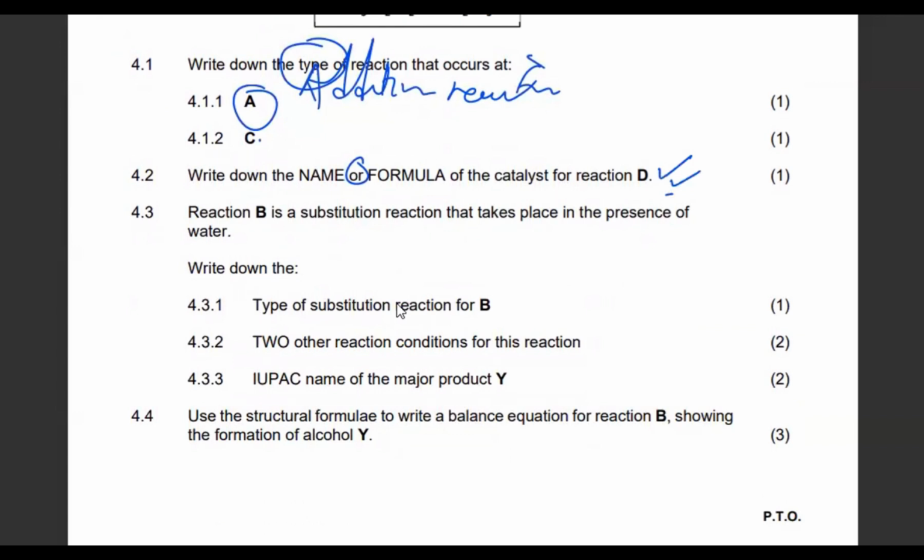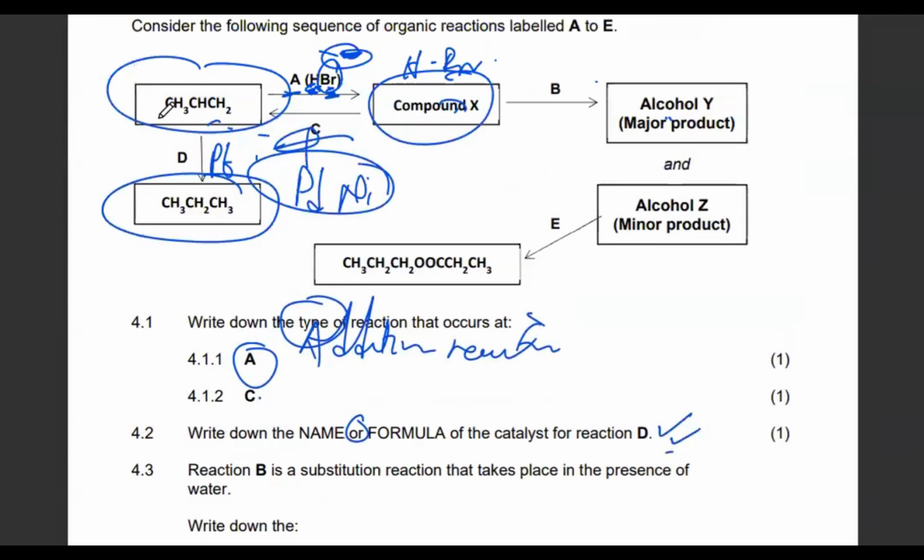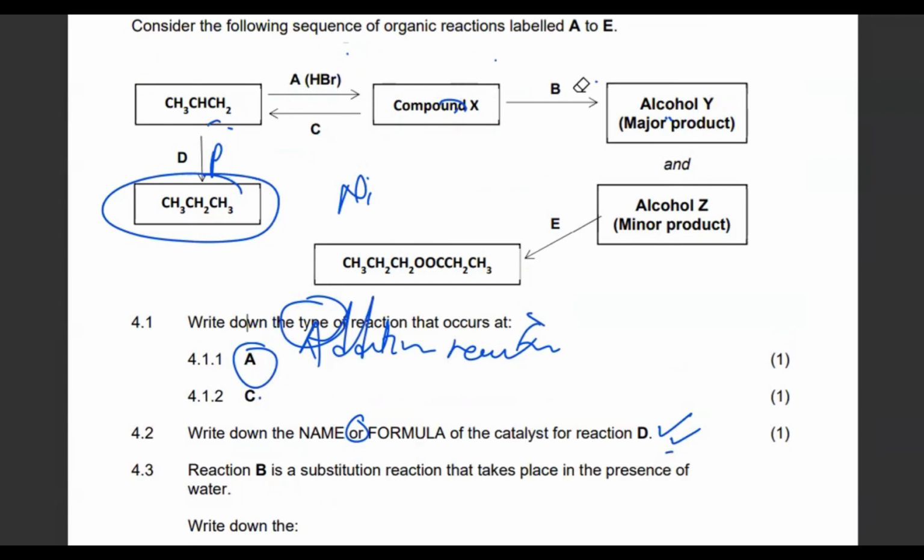Then it says that reaction B is a substitution reaction that takes place in the presence of water. If you come back and look for reaction B, this is reaction B. Since you are removing a hydrogen and bromide and adding H2O, since it involves water, it is hydrolysis.